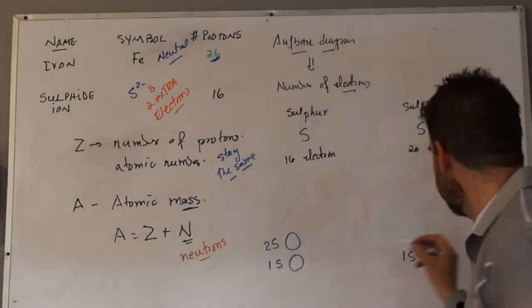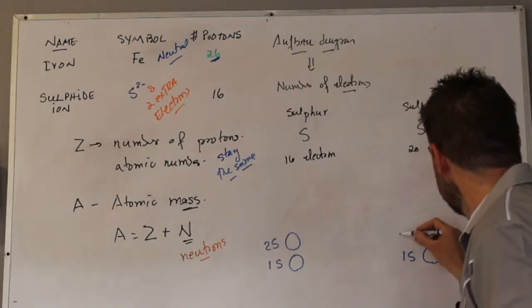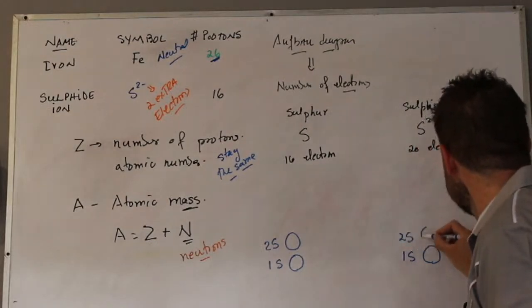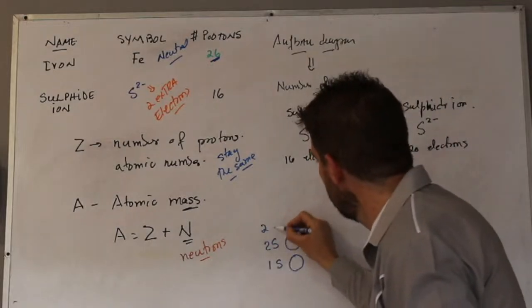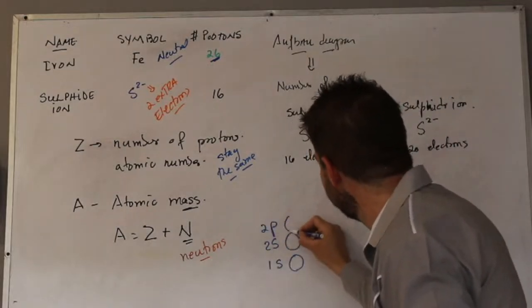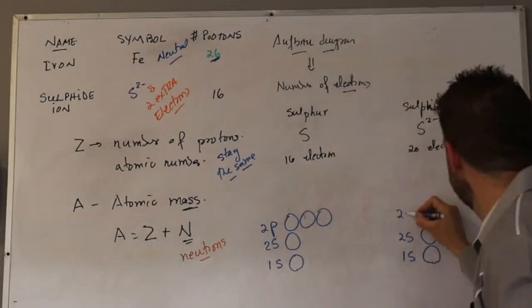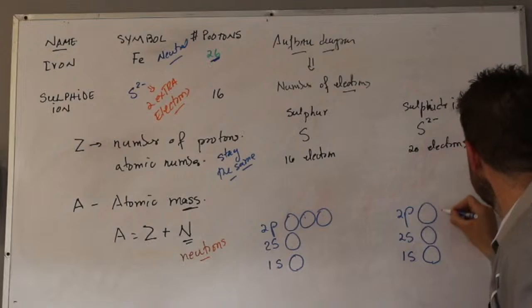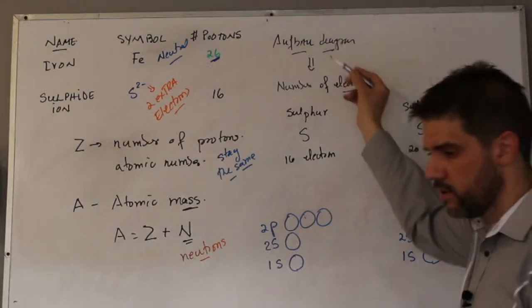Every s is a circle or square, it's up to you. I guess circles are easier to make. So 2s is 1 circle. Then comes p. 2p is 3 circles: 1, 2, and 3. This one is the Aufbau diagram, guys. Is the message there?